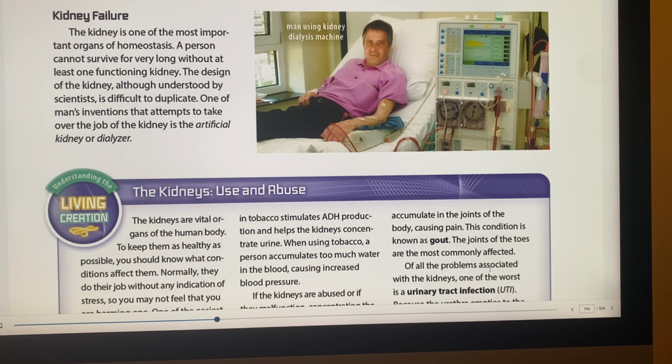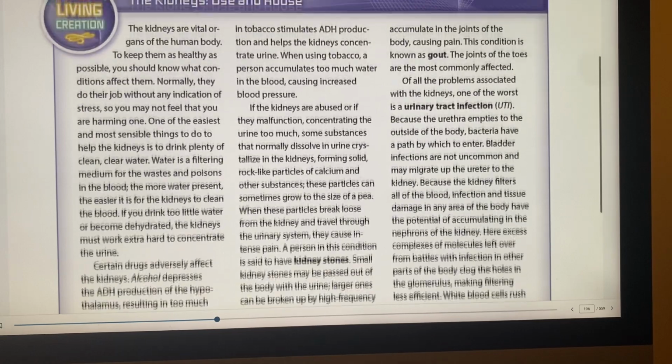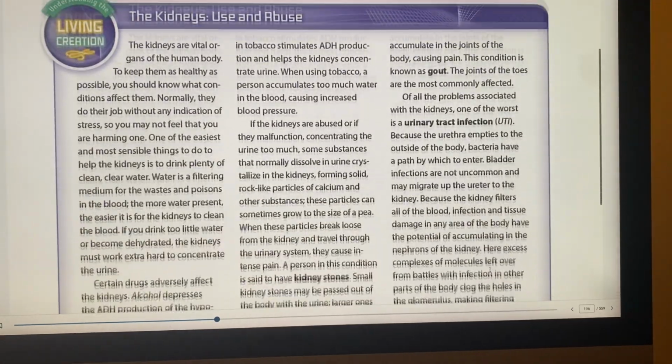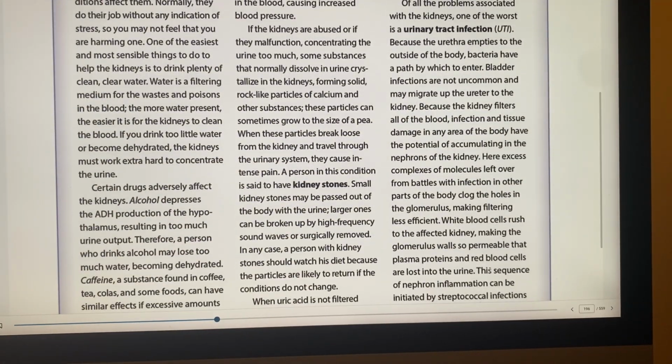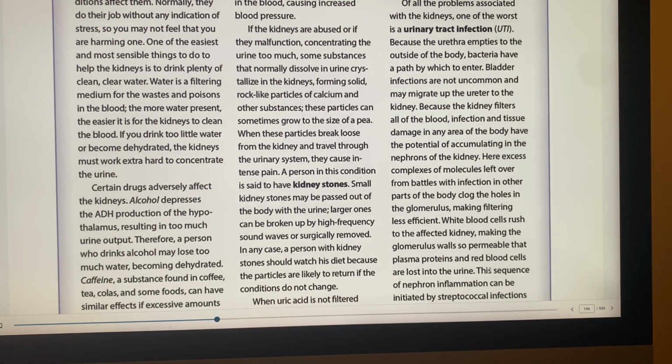Certain diseases are described here, and you can look through them, and we go down to kidney stones. Kidney stones happen a lot, especially among men, when you get too much calcium deposit, and they're like pea-sized. But as they go through your urinary tract, it's very painful.